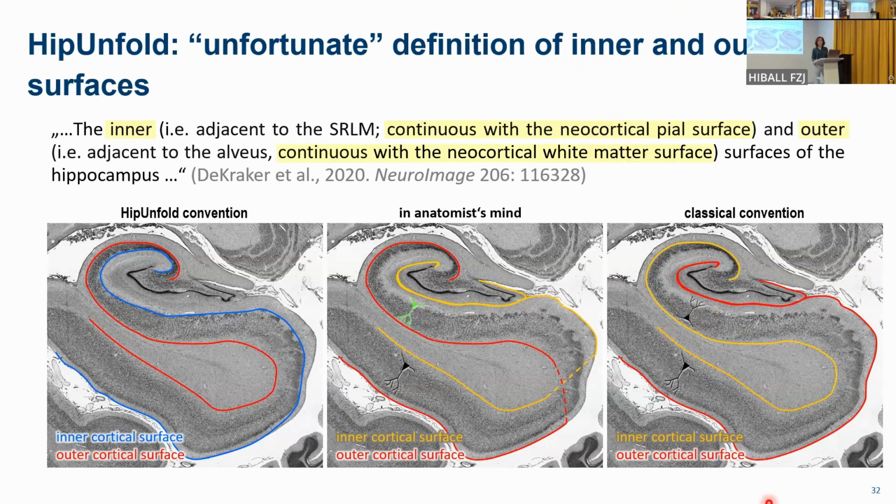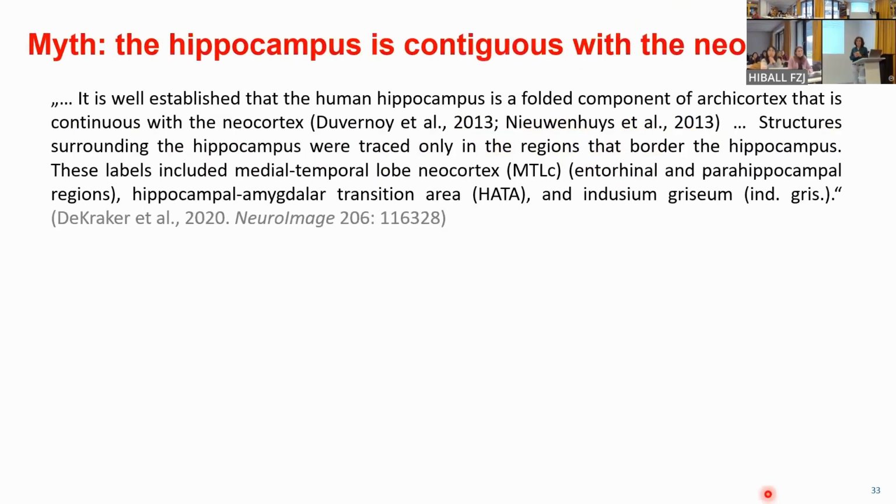Concerning this neocortex, this brings me to something else that's been published, which is not correct either. And this is quite an important faux pas. The inner and outer contours, okay, unfortunate.